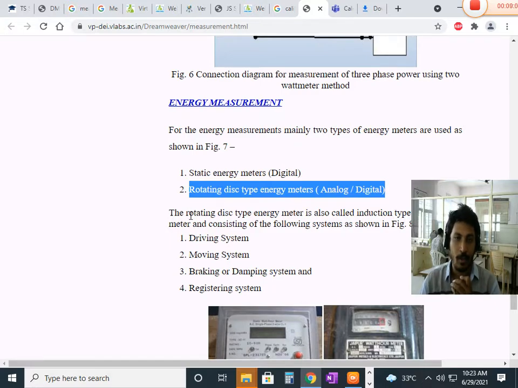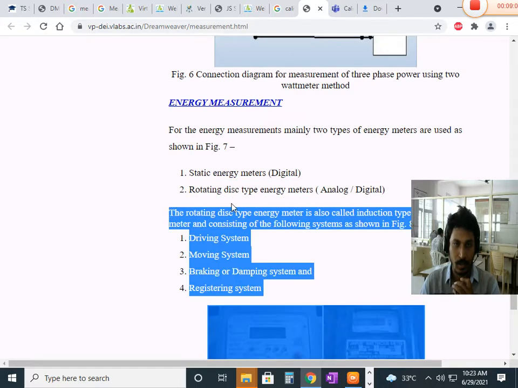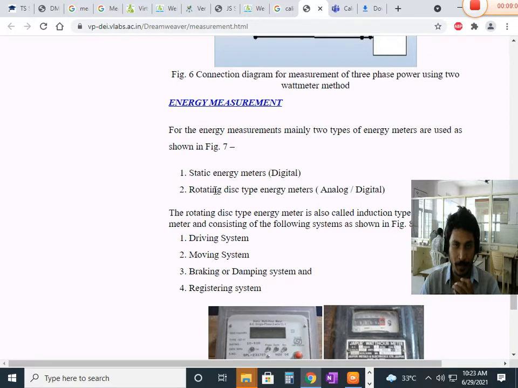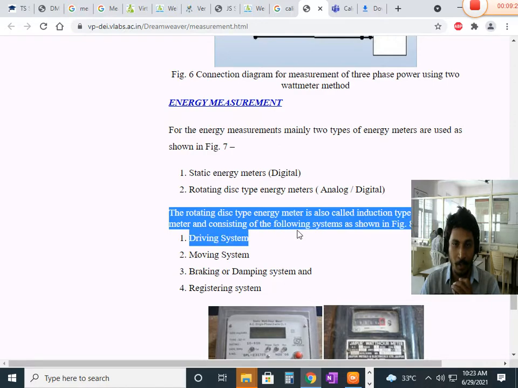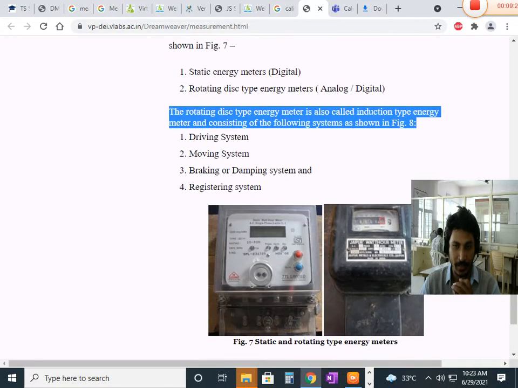Now, what is the mechanism involved in the energy meters? Let us take the old case. The rotating disc type energy meter is also called the induction type energy meter and consists of the following systems as shown in figure 8.